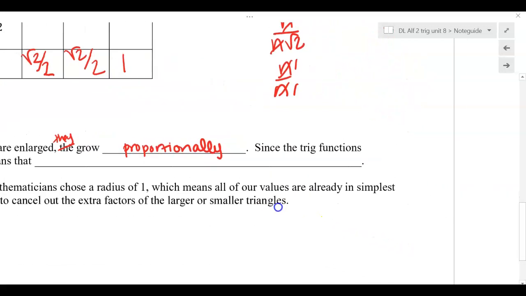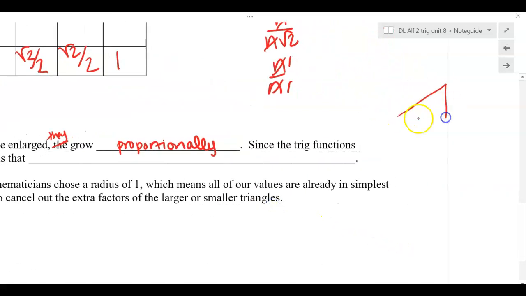So again, what we just looked at, and I'm just going to give you guys a new generic triangle that's not necessarily a 30, 60, 90 or a 45, 45, 90. Let's say you had some angle in this triangle, and you calculated the sine of that angle in this triangle, and you got 5 over 8. If the triangle grew proportionally, so the sides all got bigger with the same type of factor, so let's say this became 15, then this side would be 24 because they're getting multiplied by 3, and here would be our angle.